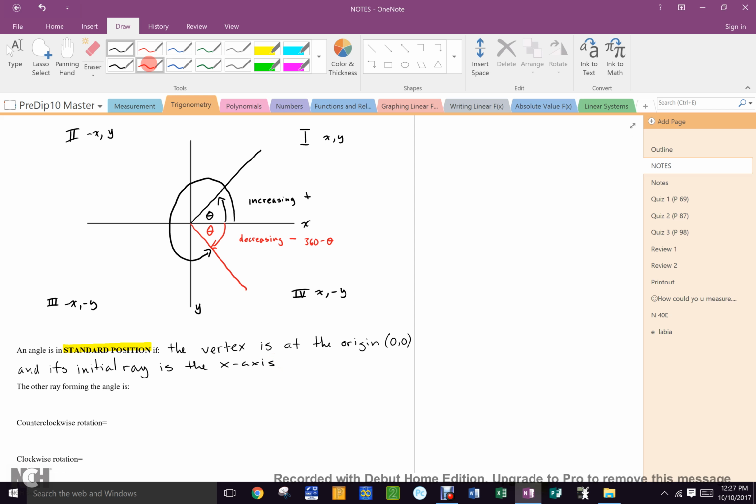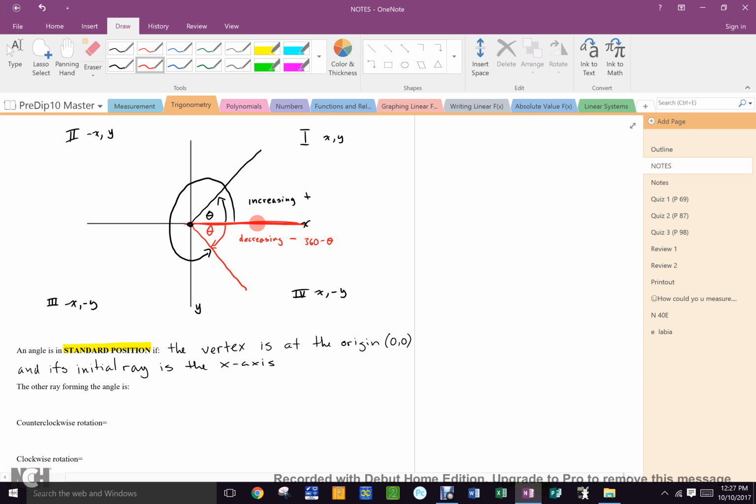Now, using this black angle and this red angle, are both of those thetas in standard position so far? Is their vertex at the origin? Yes. Is one of their rays the x-axis? Yes. Everyone's cool?